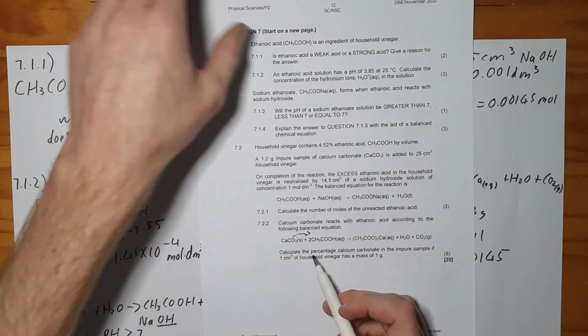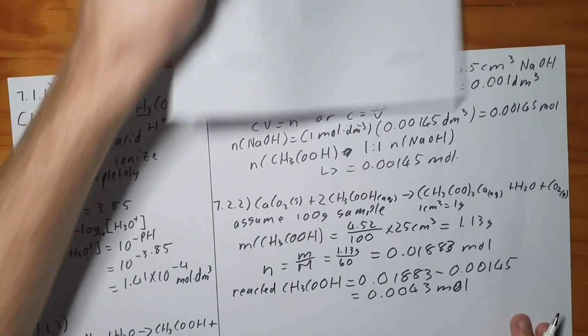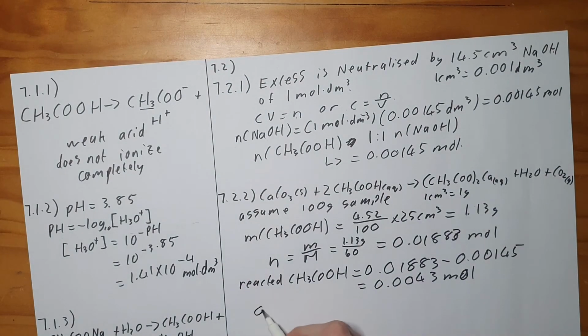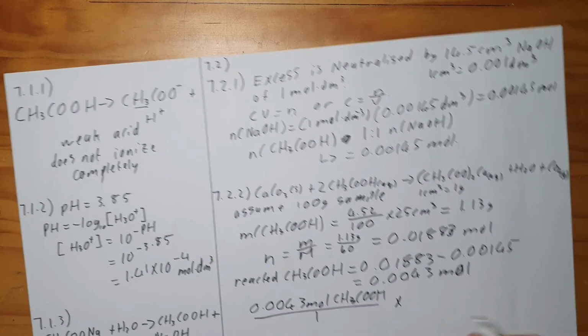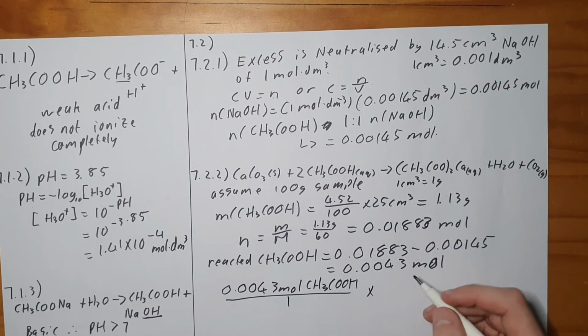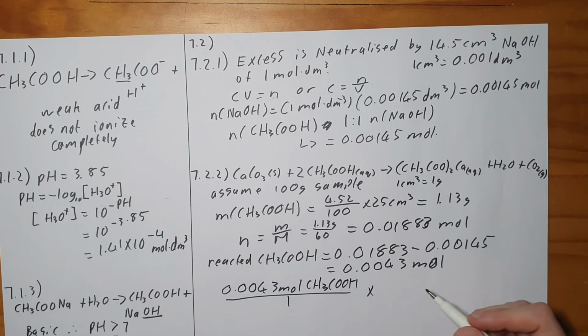So what we're going to do is we have 0.0043 moles of CH3COOH all over 1 multiplied by our mole ratio. Now what do we want? We want the CaCO3 on top, because that's what we want.